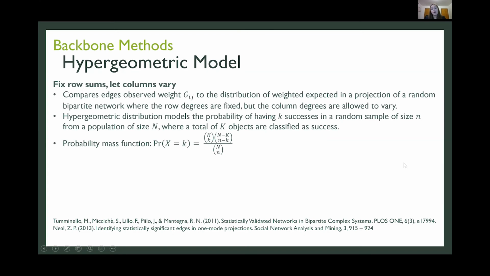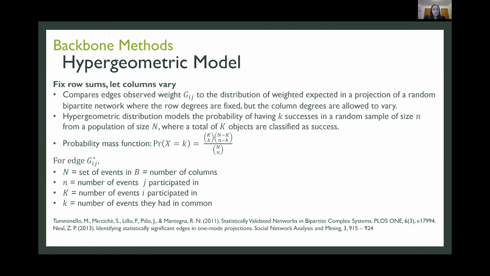And we can see that our scenario is actually modeled by this distribution if we pick these things for our variables. So for each edge in our projected graph, so that's Gij, if we let big N, the population, be the number of events possible, so the number of bills in our case, we let little n be the number of events that J participated in, or the number of bills that Senator J co-sponsored.